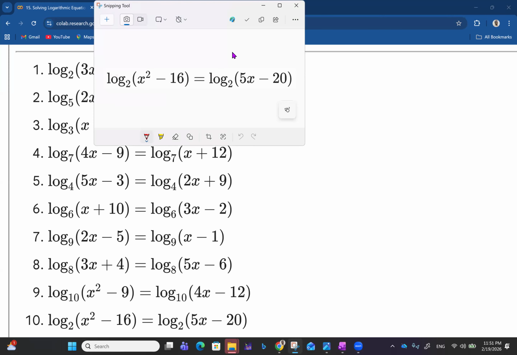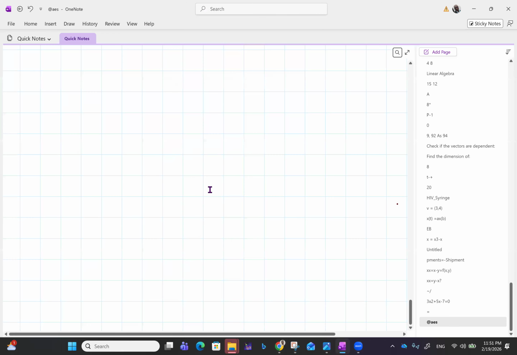So with that in place now, I can just copy, then come to the worksheet and paste it here. So right click and paste. All right, so we need to solve for x here.